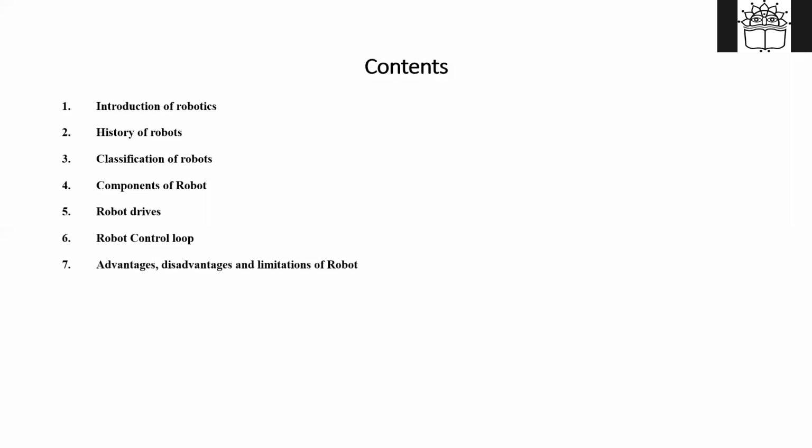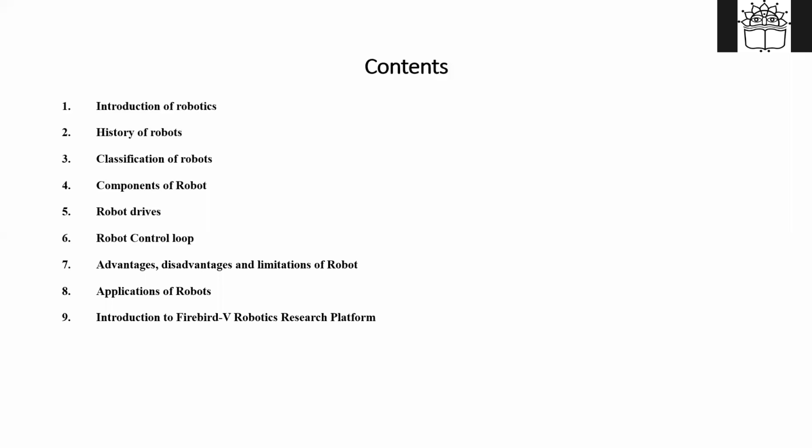After that, we will see what are the advantages, what are the disadvantages, and what are the limitations of a robot. After which we will see what are the applications, what are the areas in which we can use robots. After that, we will see robots which are available in our campus.